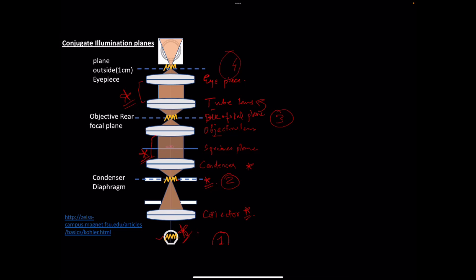Now we are ready to see all the conjugate illumination planes we have in the microscope. Since it is the illumination planes, we will not talk about the conjugate imaging planes right now. The conjugate imaging planes are the planes where you are going to see the images. But before that, I hope you all have understood what conjugate illumination planes are from this explanation.